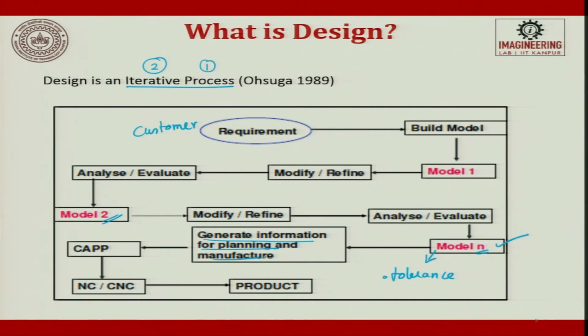Now we are converting from 3D into 2D, with manufacturing details added to it. So, generate information as manufacturing details, so that planning and manufacturing can happen. From this you start extracting data which goes for computer aided process planning, which we discussed in the last lecture. From there it is transferred to CNC machines and finally a product comes out.